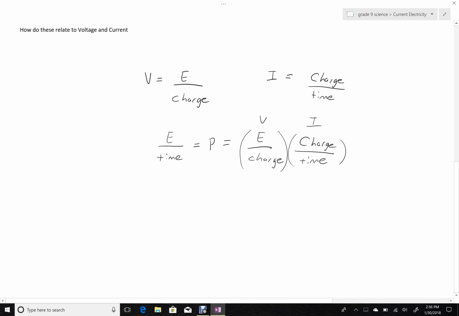Voltage and current, and I can see that the charge will cancel out. And if I take my voltage, energy per unit charge, and my current, charge per unit time, I can get my power.